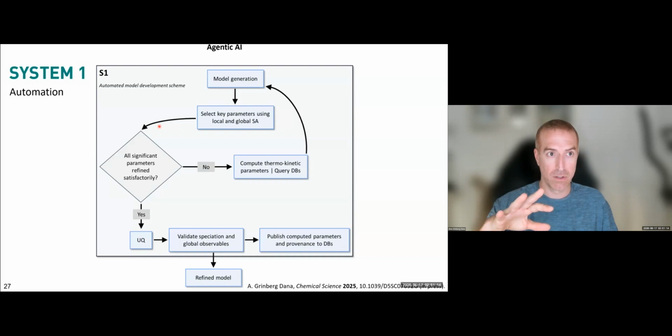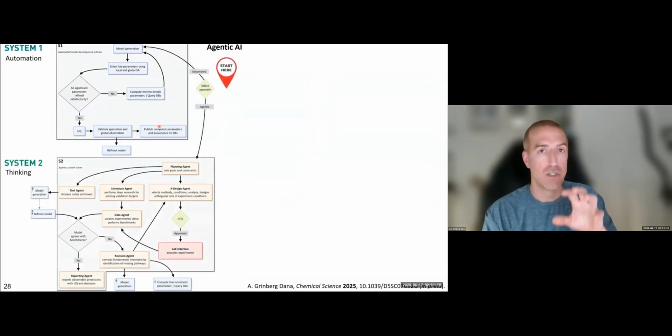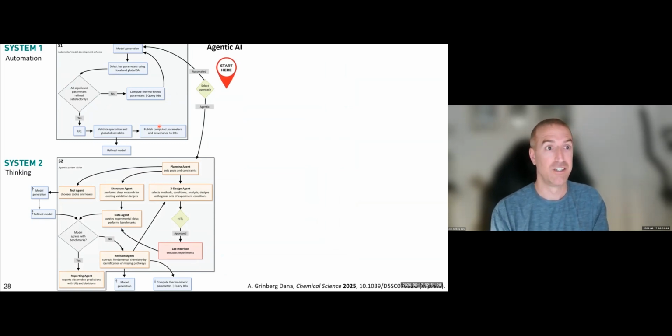On top of that, we now have system two that we are building. So system two is where we do the thinking and the rationale. Classically, humans have done that, and we're not so thorough because, the joke is, when do you finish refining a model? When the PhD student has to graduate.